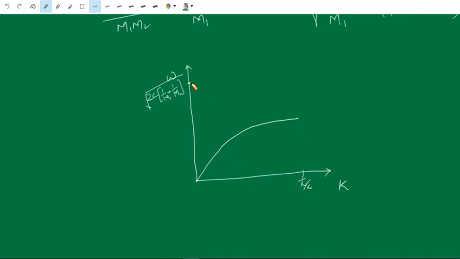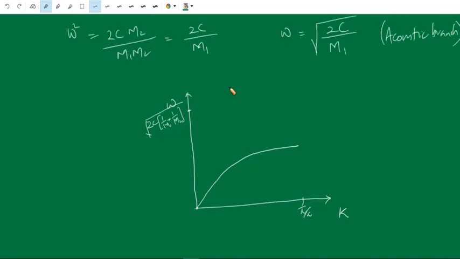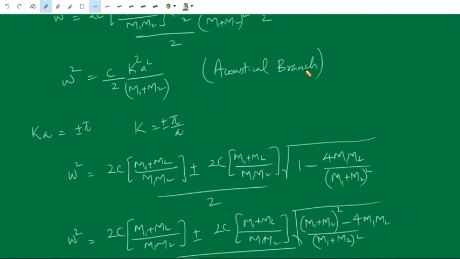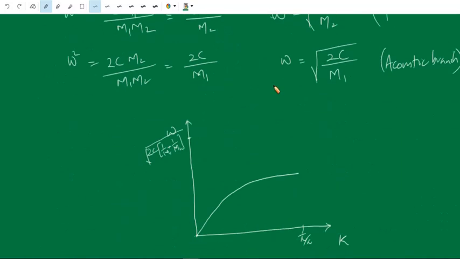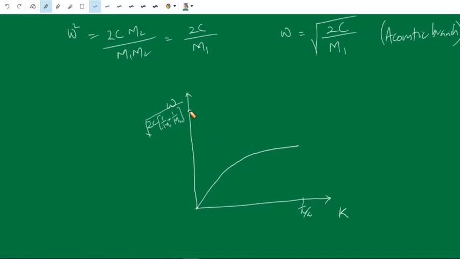And the value of omega square for the optical branch actually reduces as k increases. Because of this negative sign, the value of frequency decreases. Okay, so this is at pi by a.